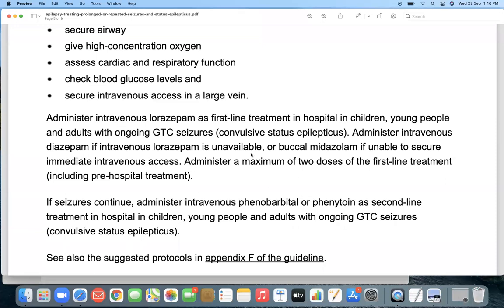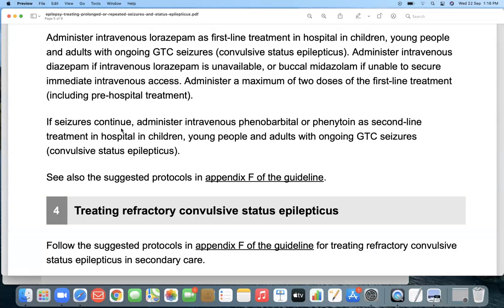And if IV access is not there, you will go for buccal midazolam. Administer a maximum of 2 doses of first line treatment, including pre-hospital treatment. If the seizure continues, administer intravenous phenobarbital or phenytoin as second line treatment in hospital in children with ongoing GTC seizures.